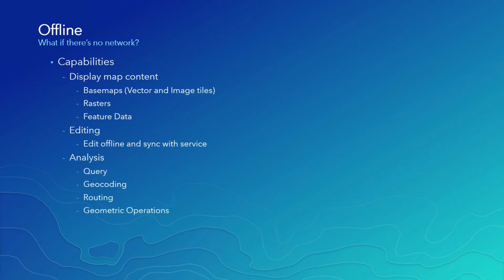You can also do a whole range of analysis offline in a disconnected manner. That includes querying feature data, performing geocoding and routing operations. So the same operations that Nick and I just showed in our demos can be done offline, talking to locators and network datasets stored locally on the device, as well as geometric operations using the geometry engine. And the workflows that support offline capabilities are flexible.